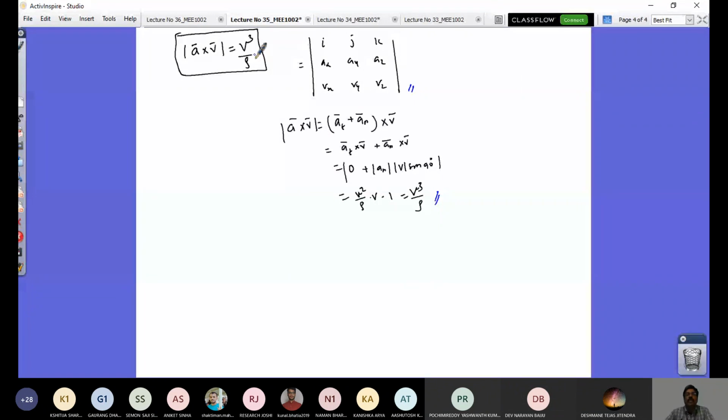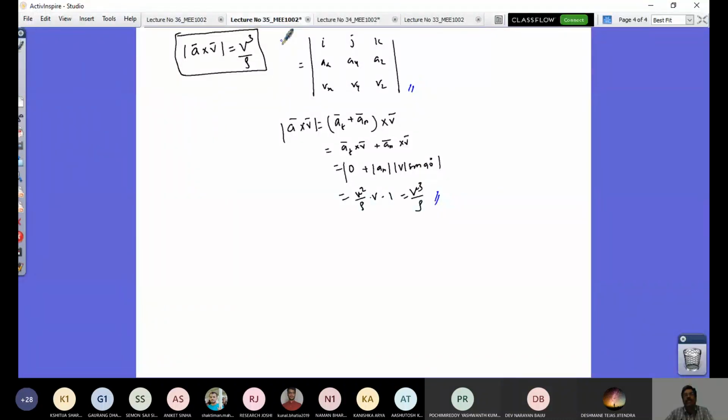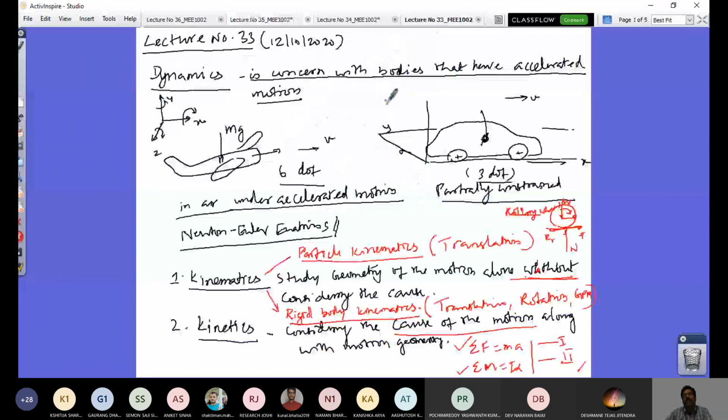This is the fourth lecture on dynamics. In the very first lecture we looked at what we mean by kinematics and kinetics, and an overview of particle kinematics, rigid body kinematics and rigid body kinetics. In the next lecture we understood the definition of motion parameters.